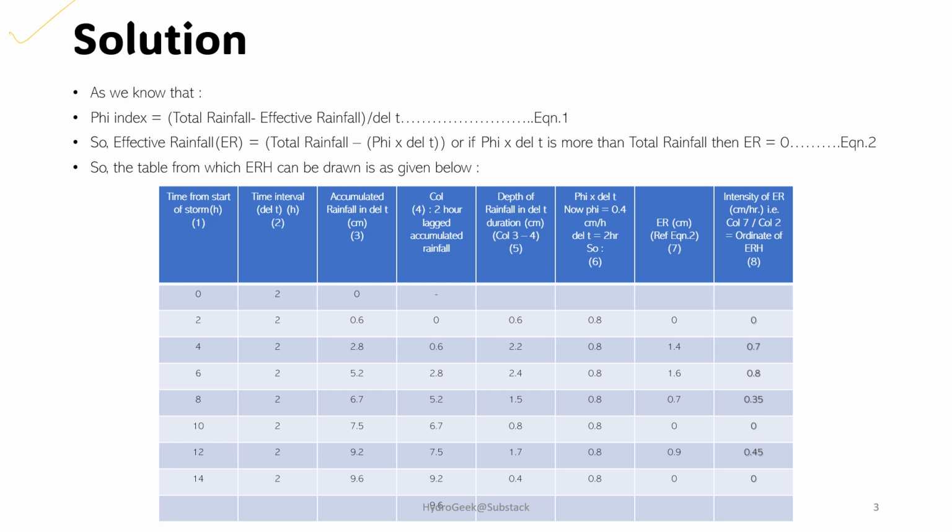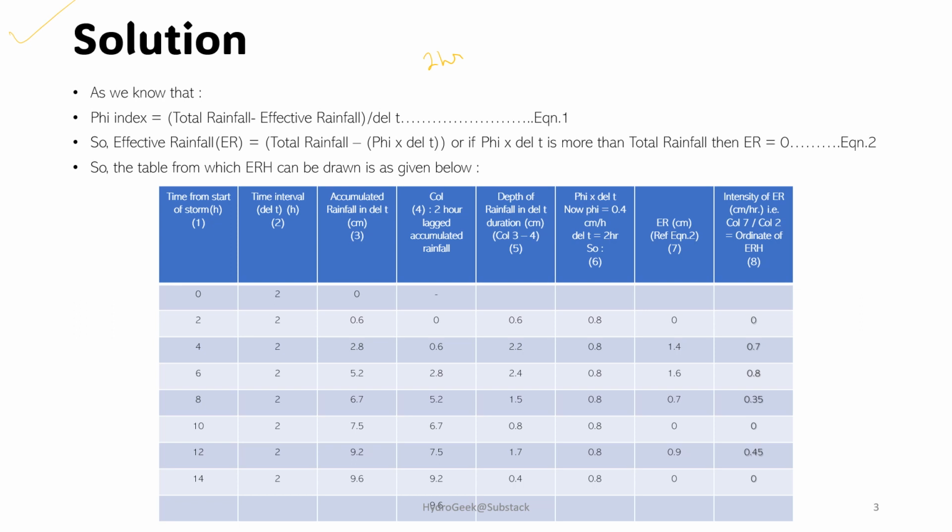As we know, I have already discussed this in the first slide itself. This Phi index is nothing but total rainfall minus effective rainfall divided by the incremental duration of the storm. Here the incremental duration of the storm is 2 hours.